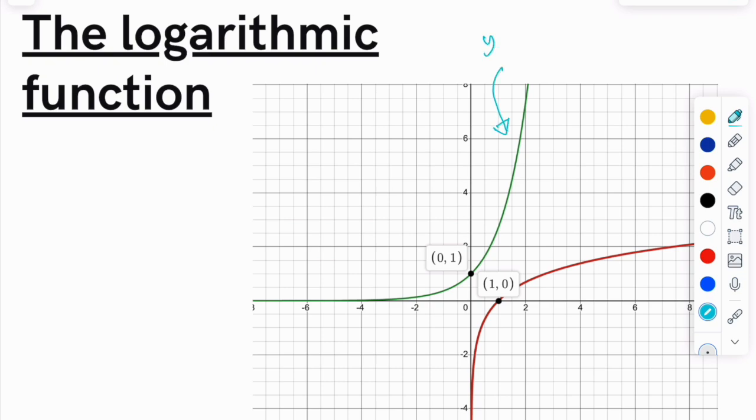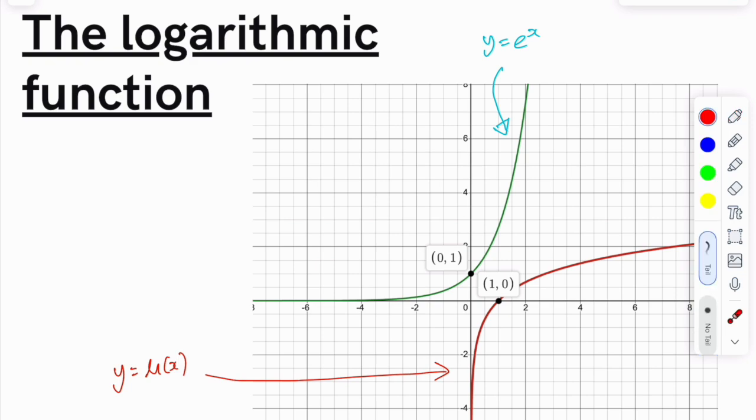Over here, we've got y is equal to e to the x, and over here, we've got y is equal to ln x. Put simply, e to the x has this shape, and e has a value of about 2.71, so this is just like saying 2.71 to the x.